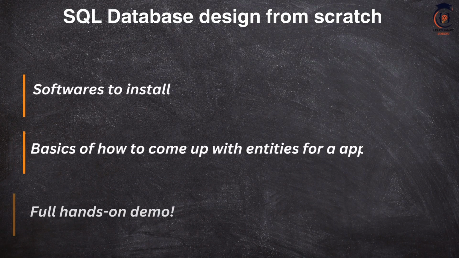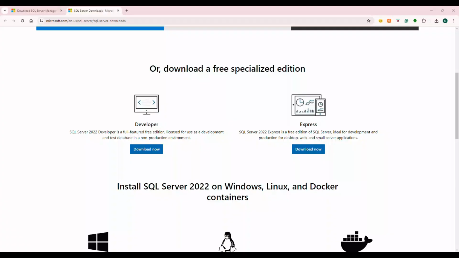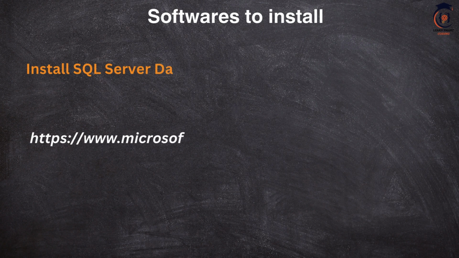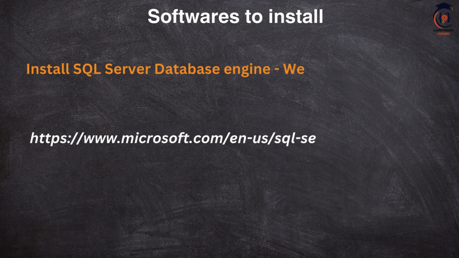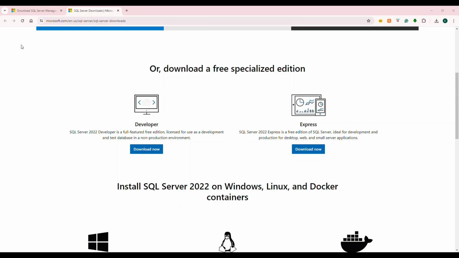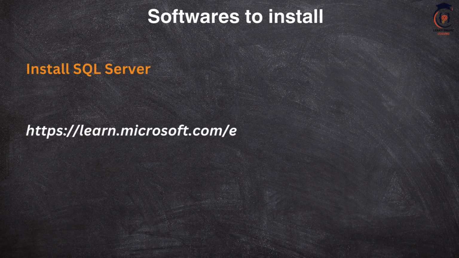So anyone who is not aware of SQL or does not have any setup on your local machine, I will just quickly tell you what you need to do. If you have a Windows machine, go to Google and search for SQL Server download. There are two parts. SQL Server is a database engine, which has to be installed on your machine to get your server up and running. After that, there is something called SSMS, SQL Server Management Studio. That's the IDE where you will do all of the designs.